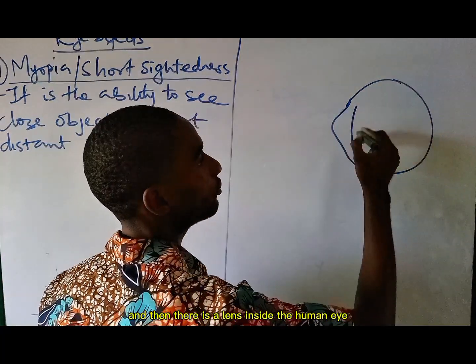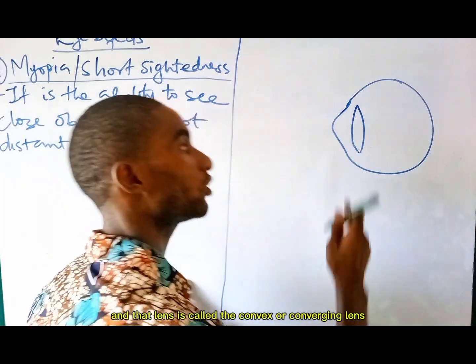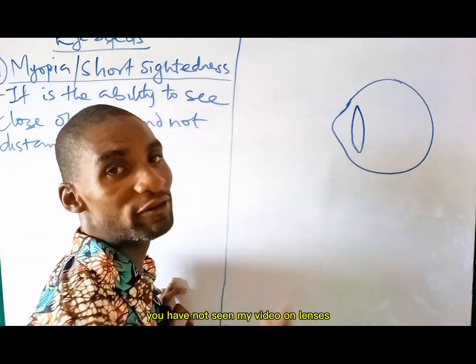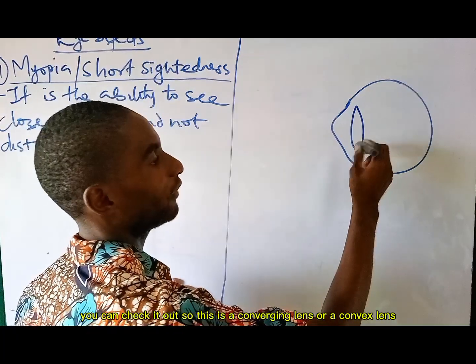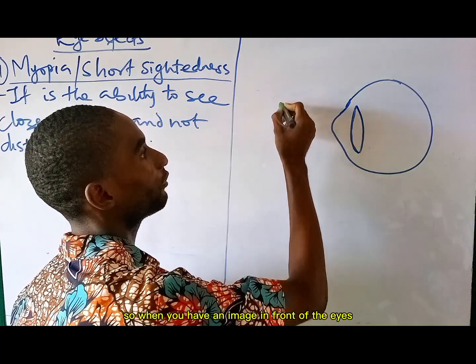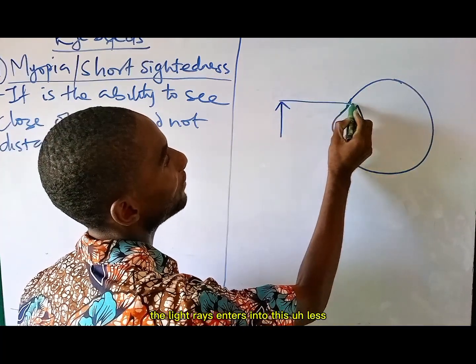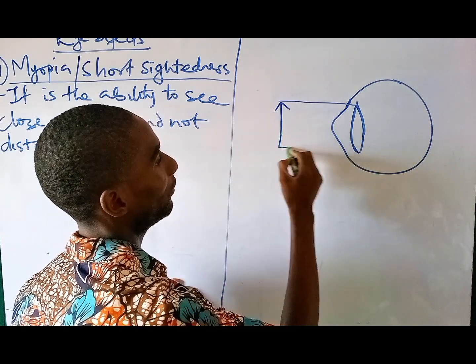And then there is a lens inside the human eye, and that lens is called the convex or converging lens. If you have not seen my video on lenses, you can check it out. So this is a converging lens or a convex lens. So when you have an image in front of the eyes, the light rays enters into this lens, all right?